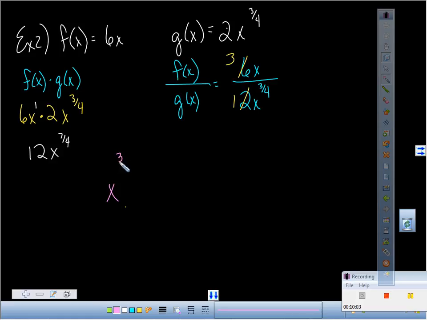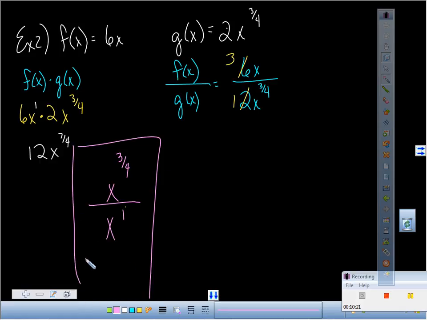What if I had x to the 3/4 on the top and an x to the 1st on the bottom? It looks like you want to reduce it, right? Because you got x's on the top and bottom. Do you want to reduce it? No. Why? Because the M's have to get the fractional exponent out of it.